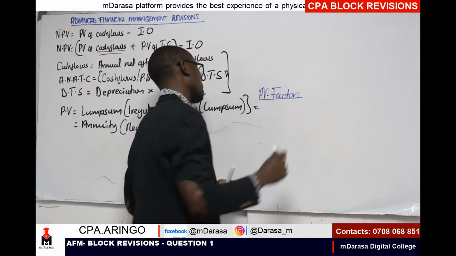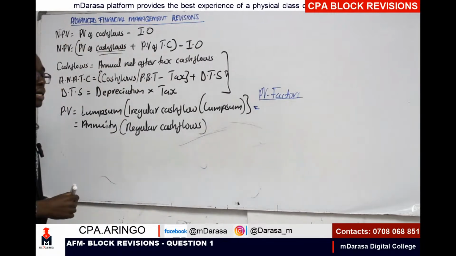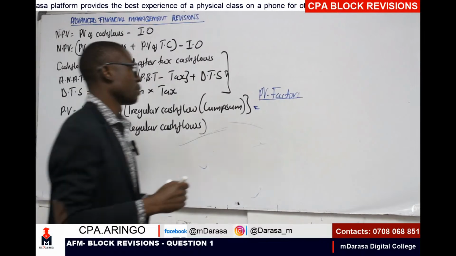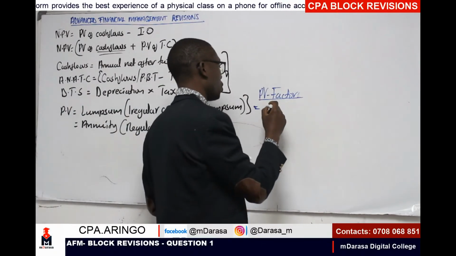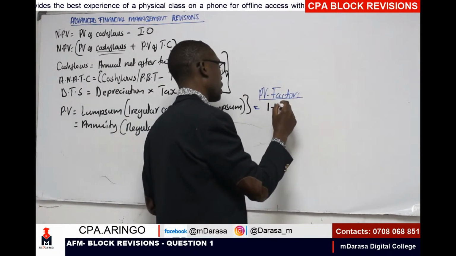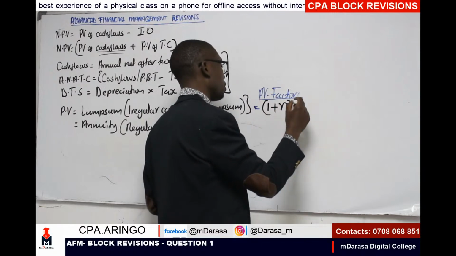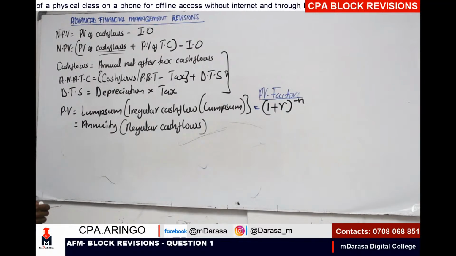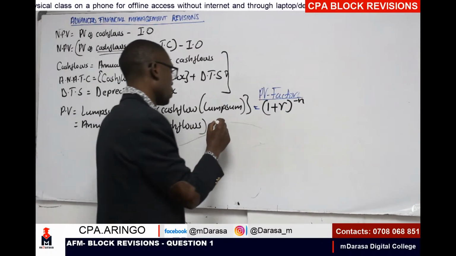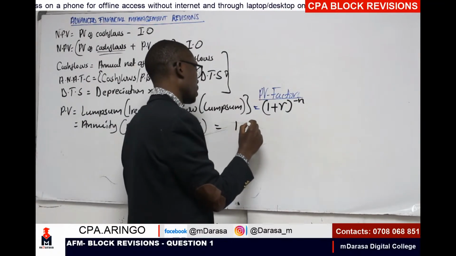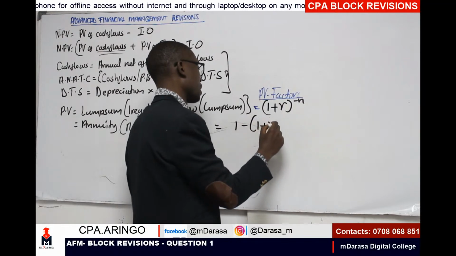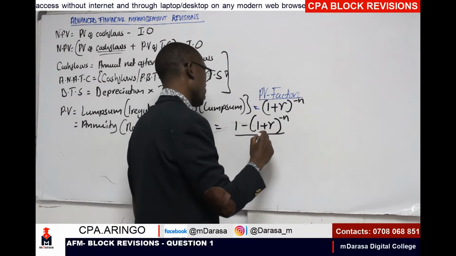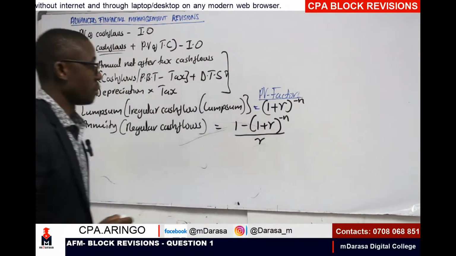The present value factor for lump sum is (1 + R) raised to the power negative N, where N is the period. For annuity, we have 1 minus (1 + R) raised to the power negative N, divided by R. Very important.